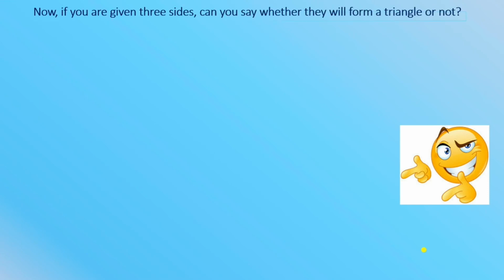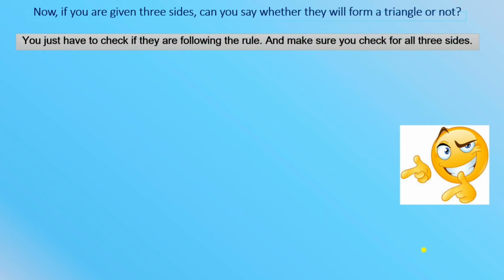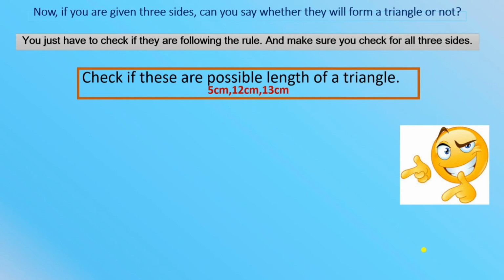Now, if you are given three sides, can you say whether they will form a triangle or not? Yes, you just have to check if they are following the rule and make sure you check for all three sides. Check if these are possible lengths of a triangle: 5 cm, 12 cm and 13 cm.